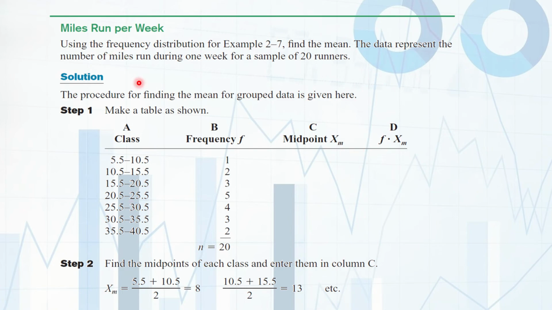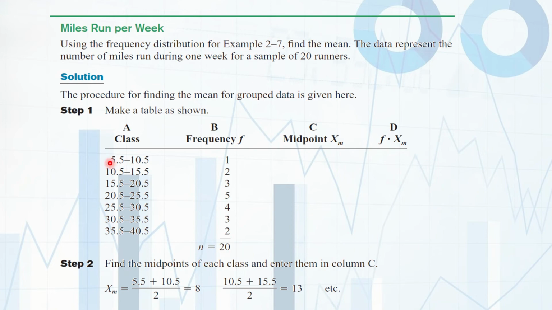Let's consider this data. These are the classes given, which are 7 classes. The class width is simply 5, found as 10.5 minus 5.5, or 15.5 minus 10.5. And these are the frequencies.